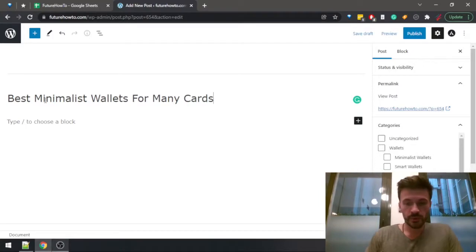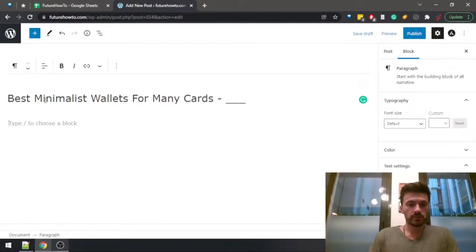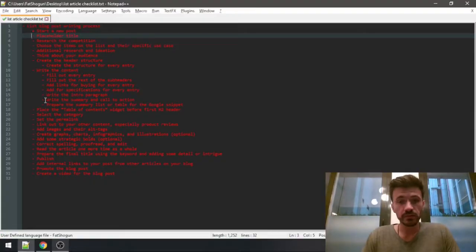And later we're probably gonna add some intrigue or maybe a little bit of attention grabbing, a second part over here. That's gonna be later. Maybe it's gonna be a dash, or maybe it's gonna be like this with the brackets or anything. We'll see how that turns out. What's important for now is that we have the primary title and we can start writing the content.